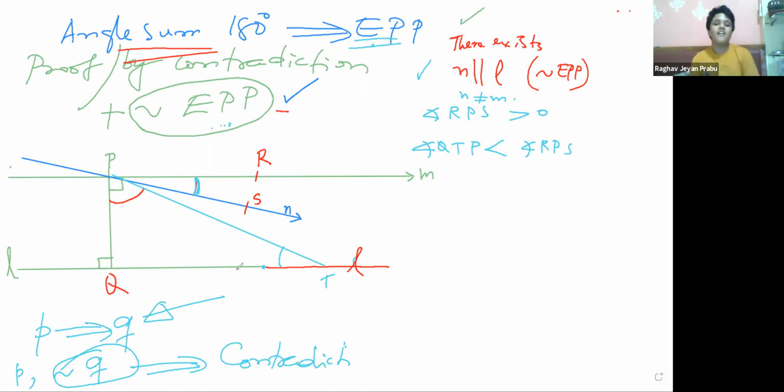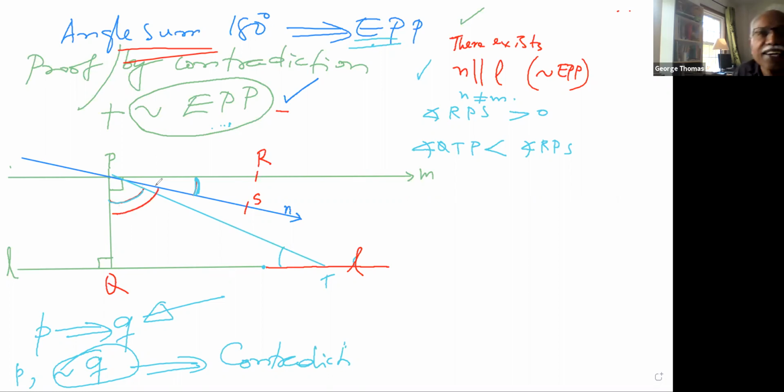Yes, sir. It cannot come inside this triangle. So that means this angle is smaller than that angle. Agreed?